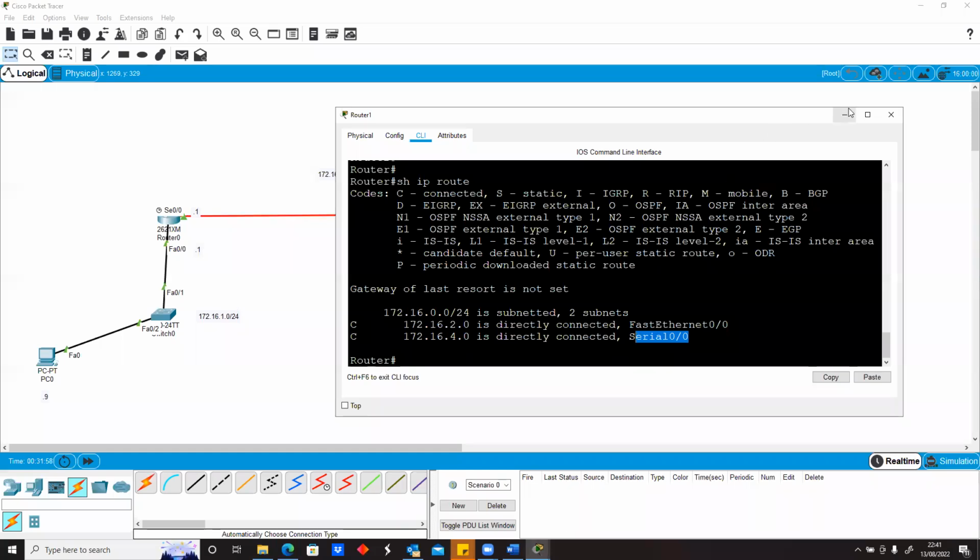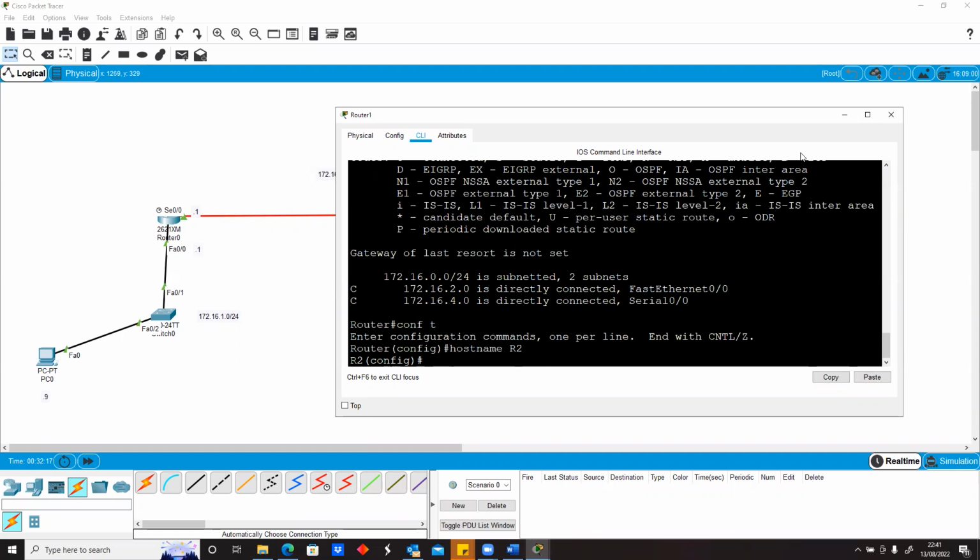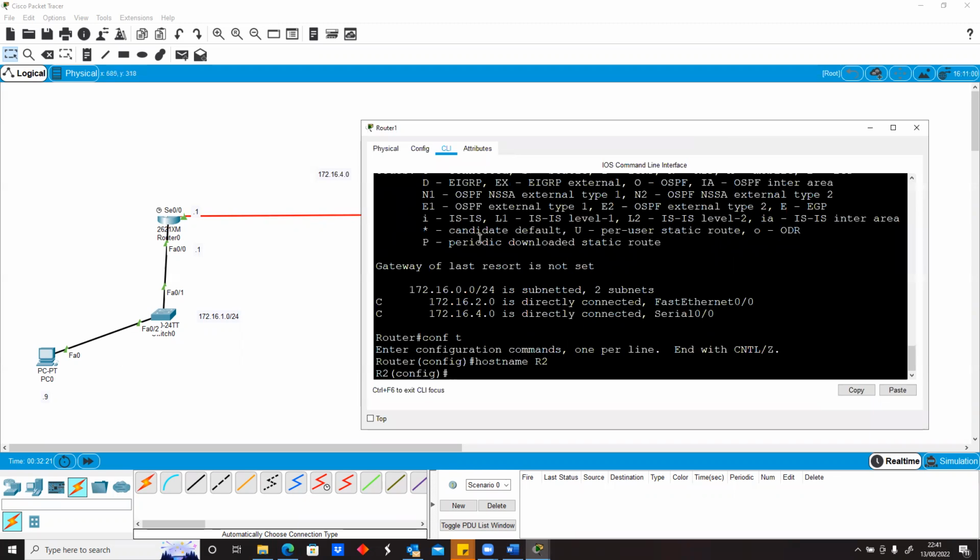But like I said, it clearly shows that some networks are missing on these devices because R1, so let me just change the host name on this device. So this is R2. So R2 only knows about these two networks. It doesn't know about 1.0. If you look here, it doesn't know about 1.0.